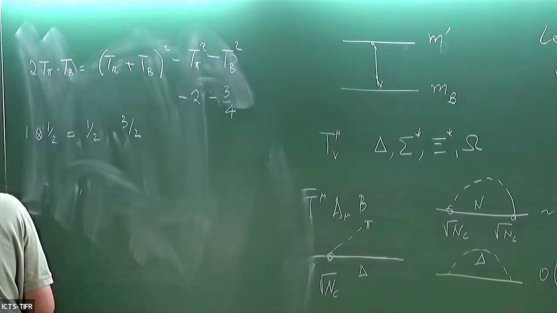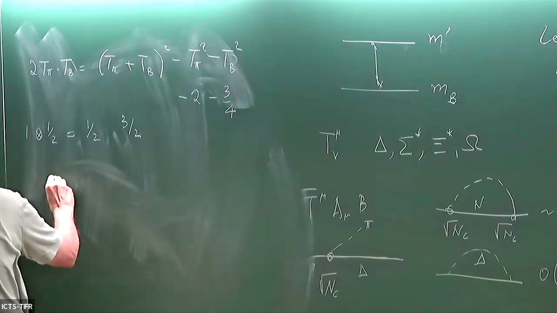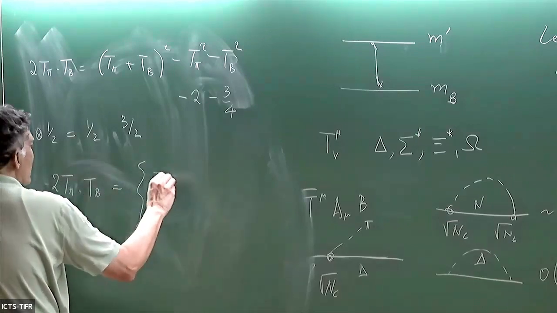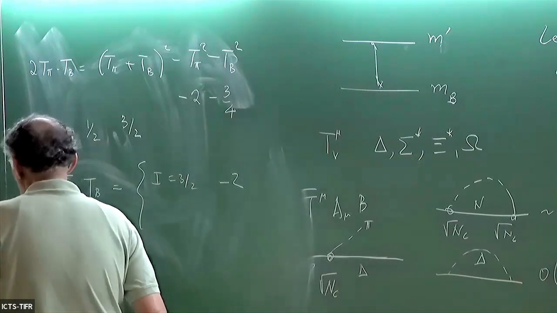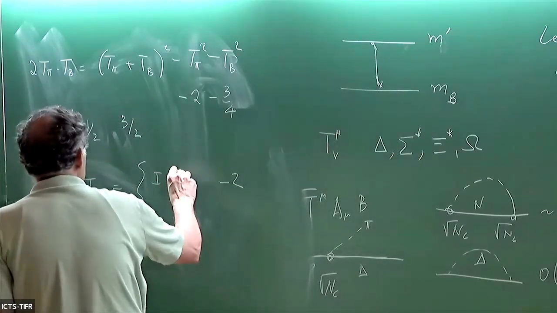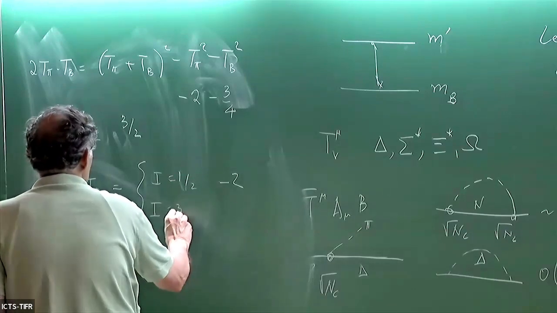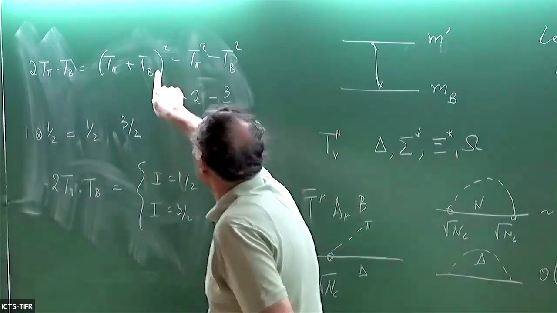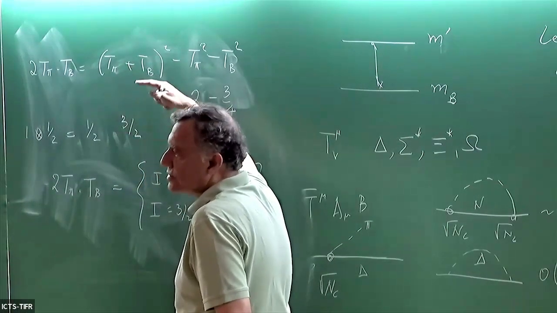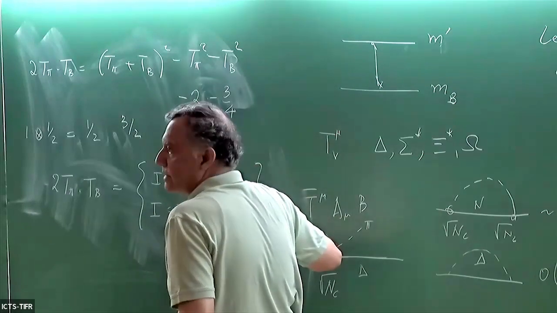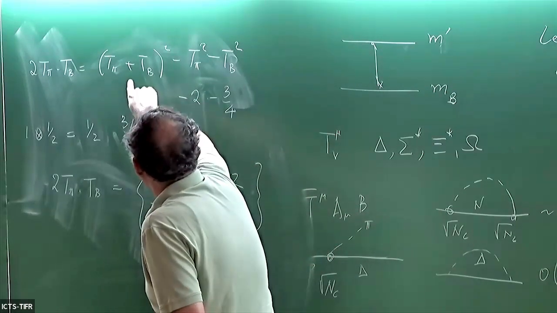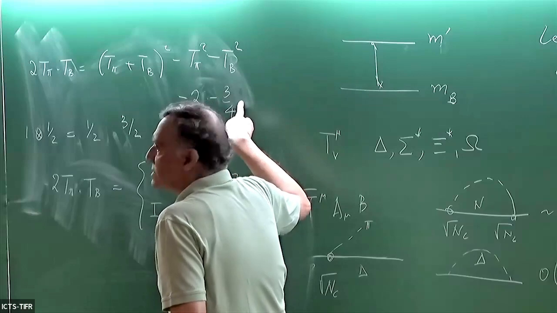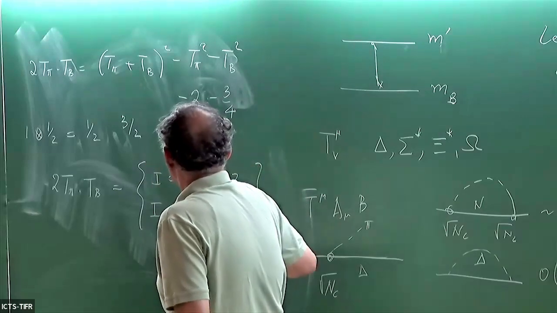The value of 2 t pi dot tb in the isospin 1/2 channel is minus 2, and in the isospin 3/2 channel, it's plus 1. Because in the isospin 1/2 channel, the first term becomes a half times 3/2, which is 3/4, which cancels the 3/4, and you get a minus 2. In the isospin 3/2 channel, the first term becomes 3/2 times 5/2, which is 15/4. Minus 3/4 is 3. Minus 2 is a plus 1.